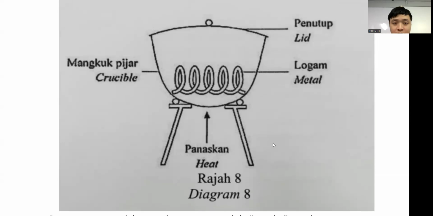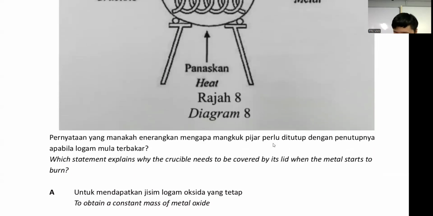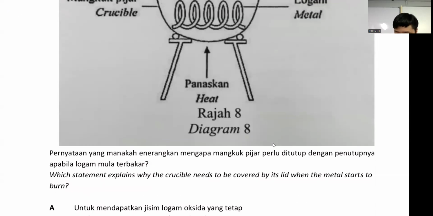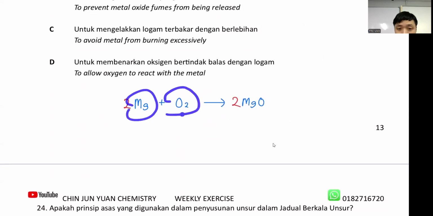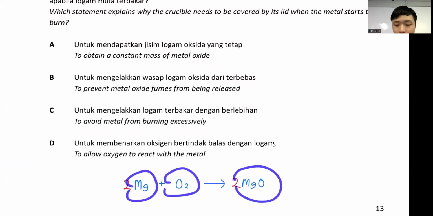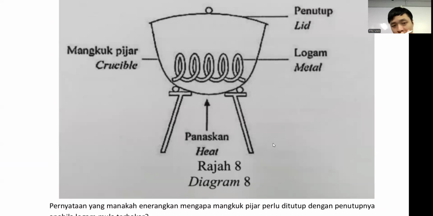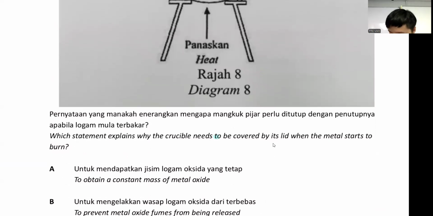This one is the empirical formula for MgO, where Mg reacts with oxygen and you get magnesium oxide. So there are a lot of procedures and precautions. One of them is they ask why it has to be covered. Mengapakah perlu ditutup? When it starts to burn.